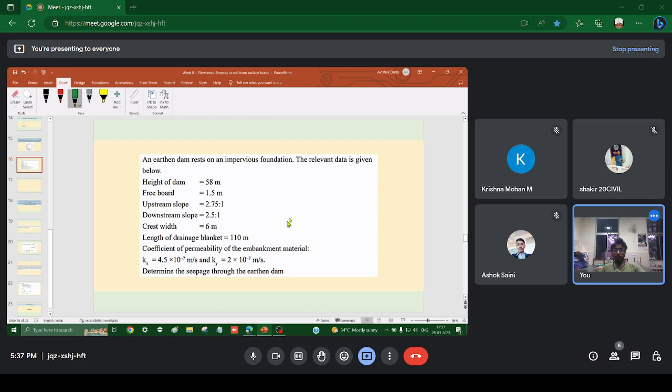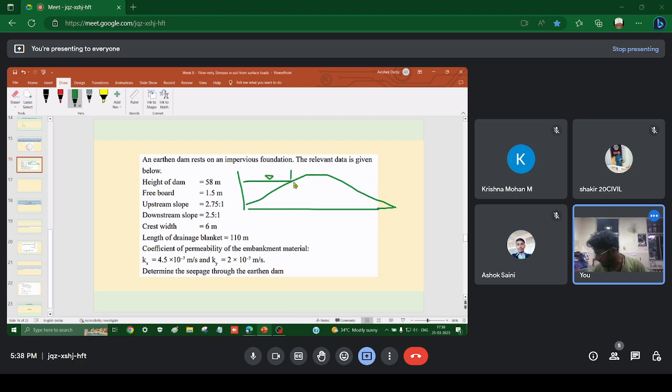So if you see, this is an earthen dam. This is the base material, and this is the earthen dam. This is the height of the dam. Suppose the water is still here. Then this is the freeboard.